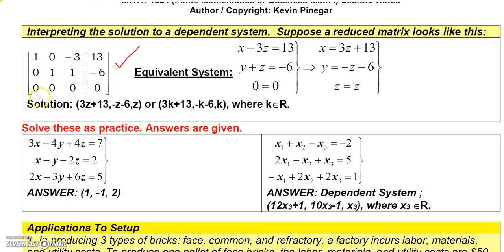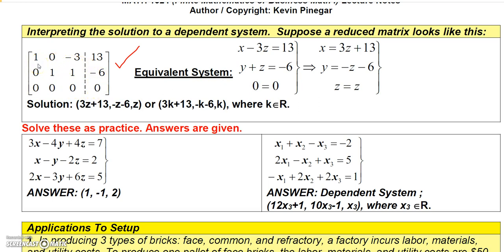Now remember, if you had a row of zeros here and then a number other than 0 here, then that would tell you there's no solution. But in this case, this would just be a row of zeros, and all that tells me is that 0 equals 0. So I'm going to have a dependent system for this one.